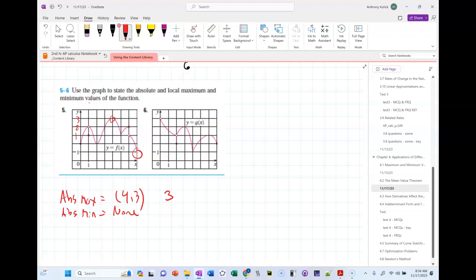Now let's look for locals. Start with maximums. So here is a relative high point, but it's open, so it can't happen. Here is a high point. That one works.